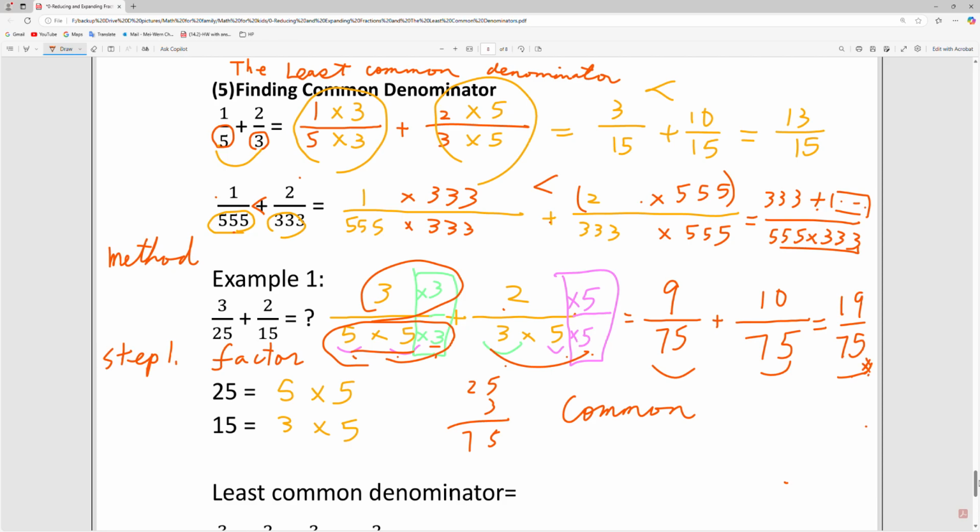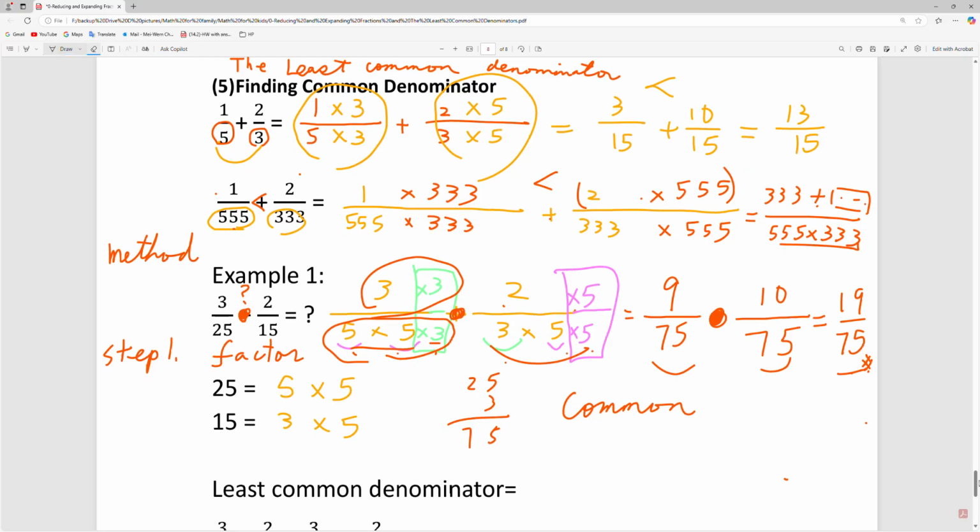Okay. And if I ask you to compare, then you do the same thing, and it's not multiplication. You do the same thing, then 10 is greater than 9 because they have the same denominator, right?